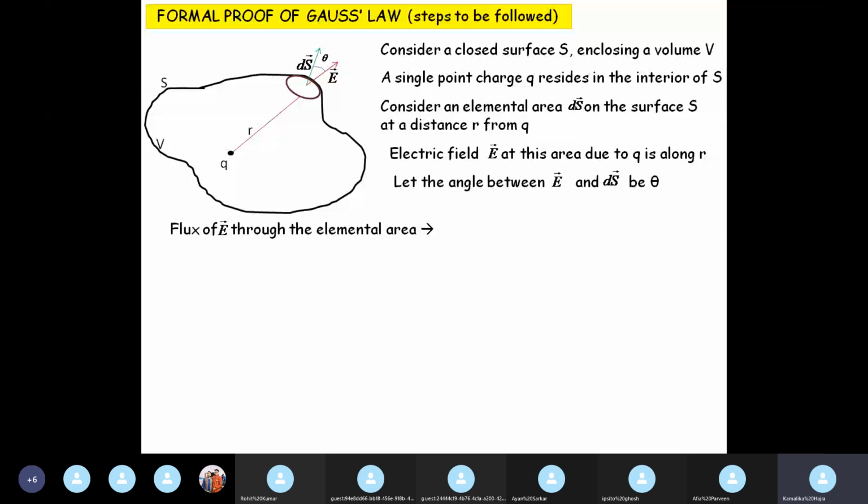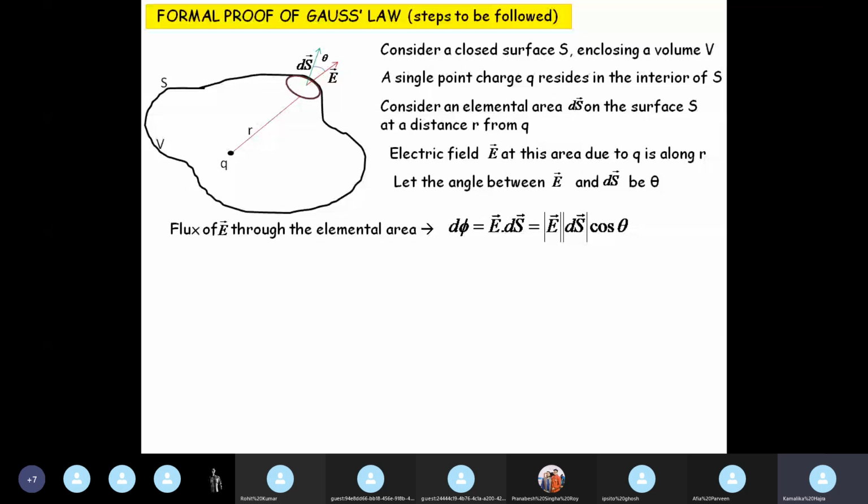So flux of the field E through this elemental area ds is given by the product of E into the component of ds along E. So d phi, as we had defined earlier, is the dot product of E and ds. So it is E ds cos theta: magnitude of E multiplied by magnitude of ds into cosine of the angle theta between them.